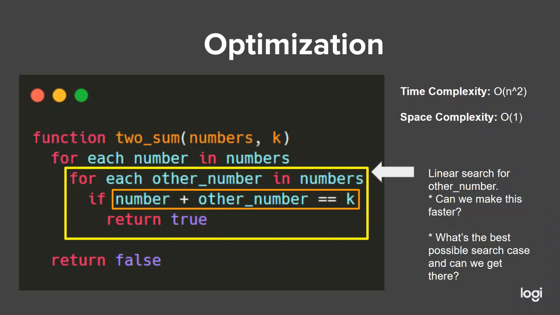So the start of the numbers array and the end of the numbers array, and you might close in based on some condition. You might move those pointers in until you find a pair of numbers that meet the condition, or you reach a terminating condition and you don't have a pair, and so you return false. Maybe you could do that, but you're not much better off.